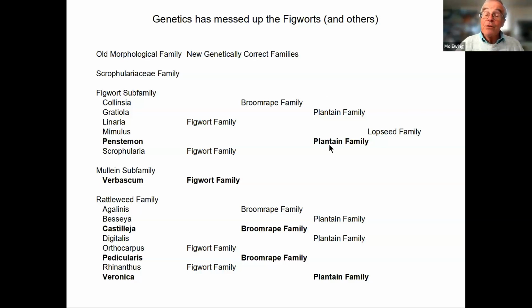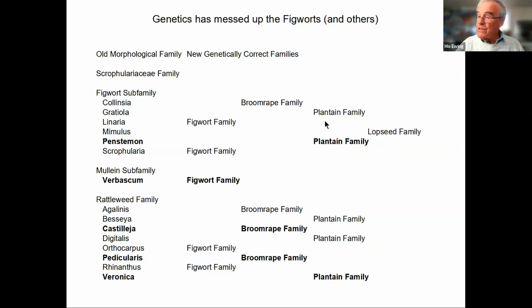So this creates a real problem for Elphill, because he wants them to be in families that they look alike, but they don't look alike at all. So Penstemon is put into the plantain family, and in order to do that, he creates a new tribe within the plantain family, and just sticks Penstemon into that.